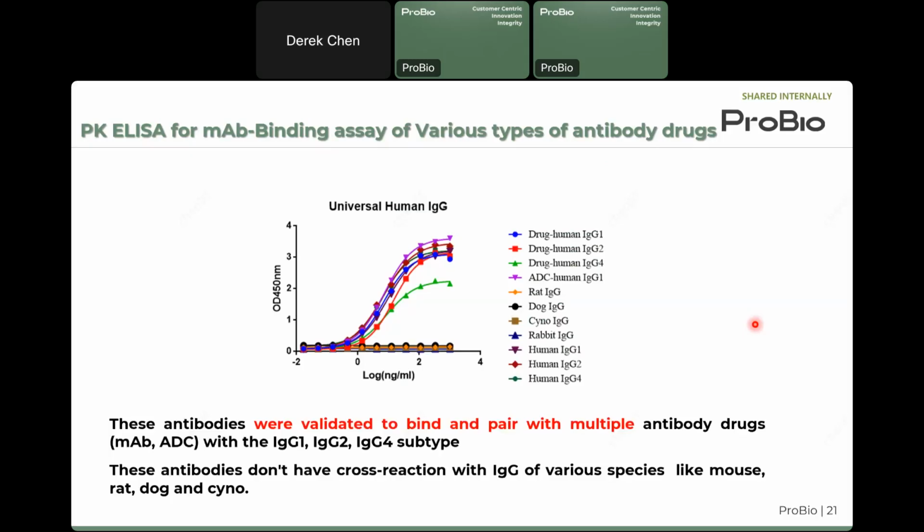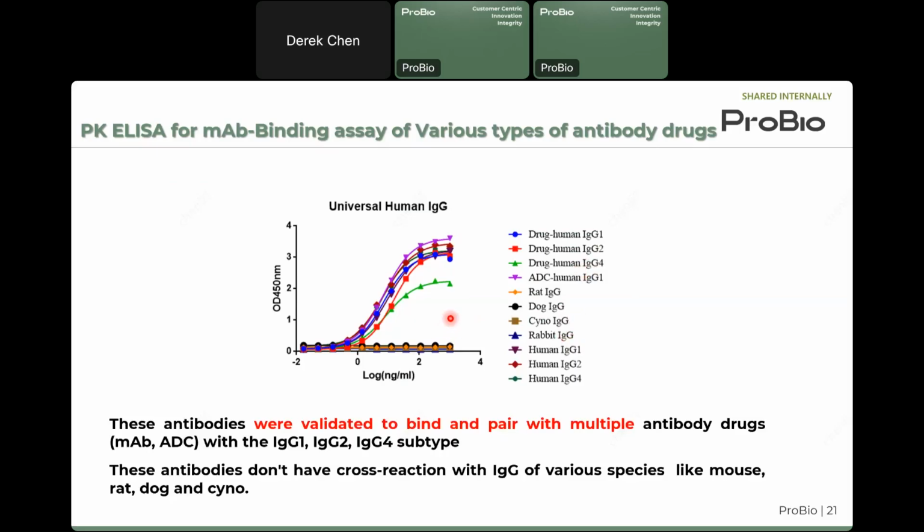So next, I will share some validation data with these universal PK2 antibodies. First, it is the ELISA titration experiment against various kinds of IgGs.